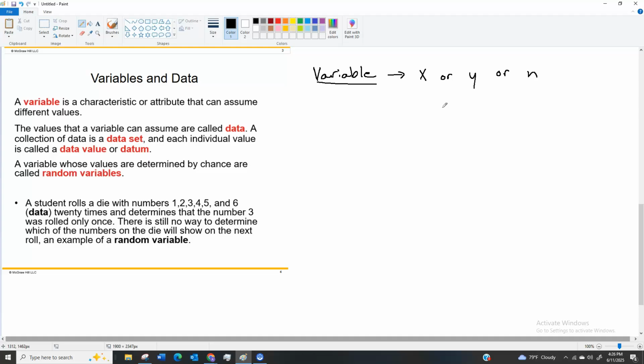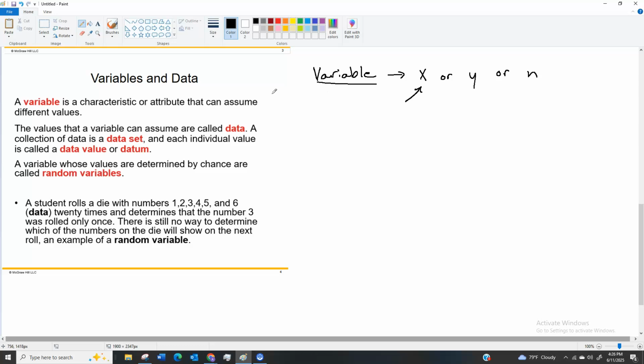Now, you probably have heard of a variable if you are, or have taken rather, an algebra class. In algebra, a variable is like your x or your y or your n. And in algebra, these are letters that represent an unknown number. But the reason they're called variables is because they can change. They vary. And so you have the same term that's used in statistics, but in a different way.